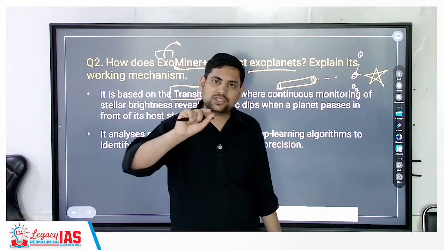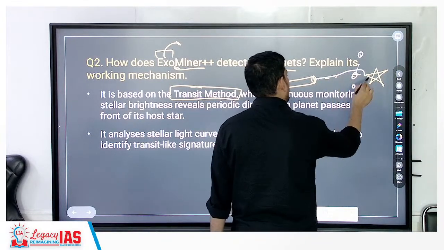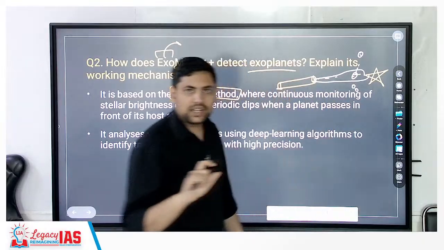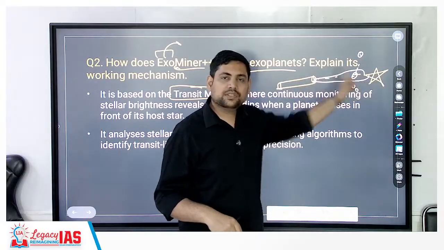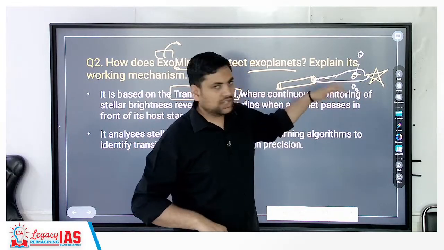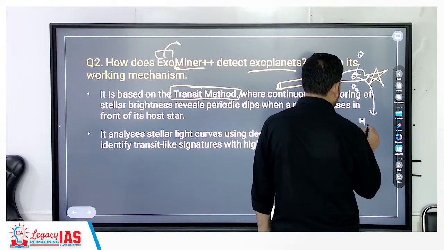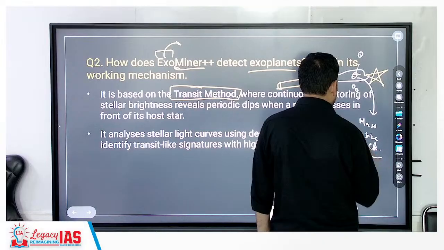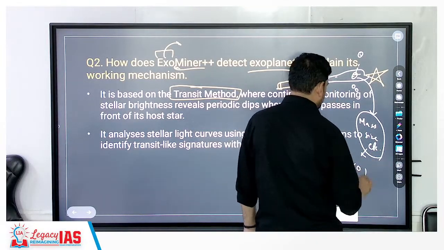For how much time did the light bend? What are the changes brought to the light that is coming from the star towards the telescope? Based on that, they are able to calculate the mass, size, etc. and guess if there are any exoplanets.